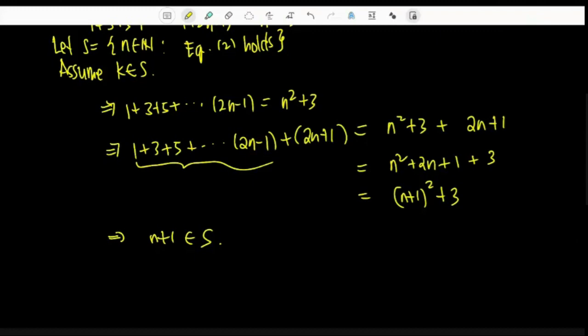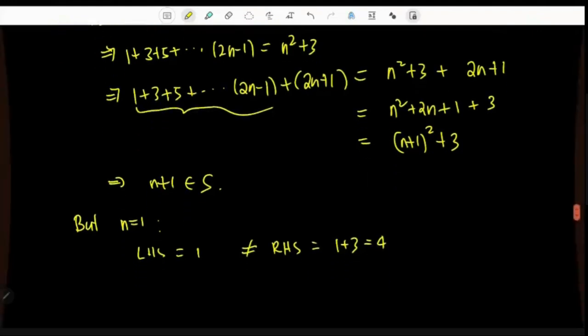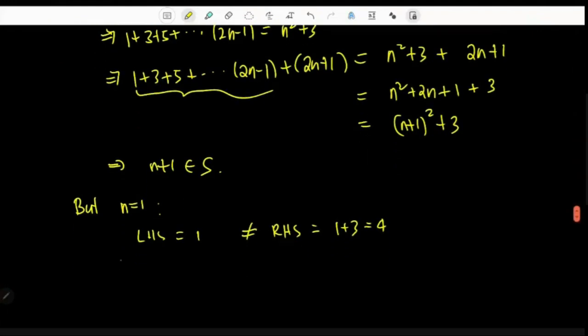But take a look at the value n equals 1. At n equals 1, we have on the left hand side 1 and on the right hand side 1 plus 3, which is 4. And obviously they are not equal. Actually, even if we test n equals 2, we have 1 plus 3 for the left hand side.